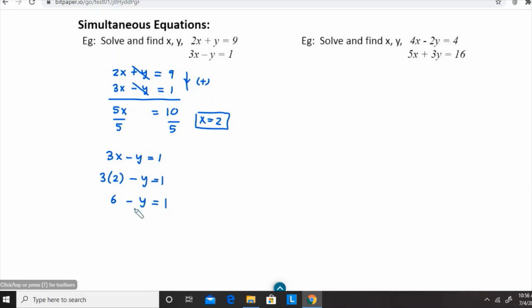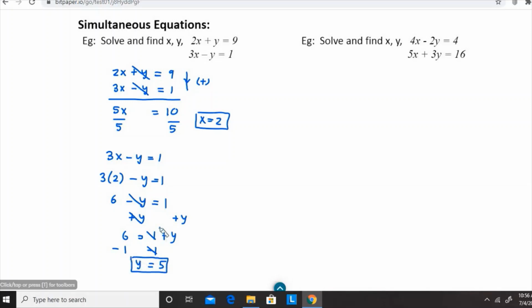So I'm going to move the y to the other side, plus y. So I'll add a plus y here. So then you can see these two cancel out. 6 equals 1 plus y. And then I'll remove the plus 1 to the other side by adding a minus 1 to both sides. And then these two will cancel out. So you can see then I get y equals 5.